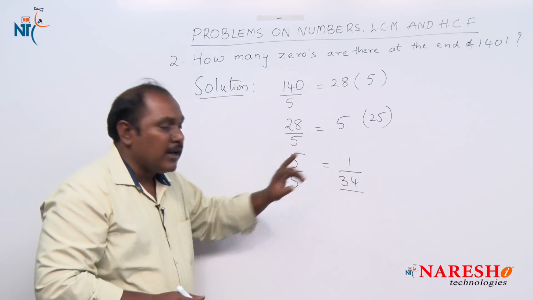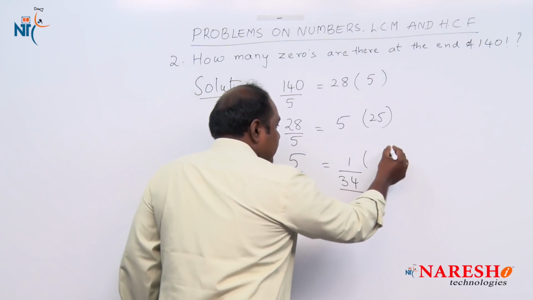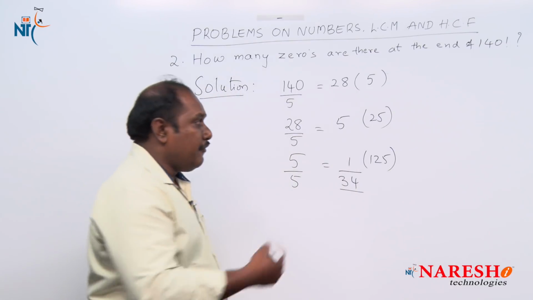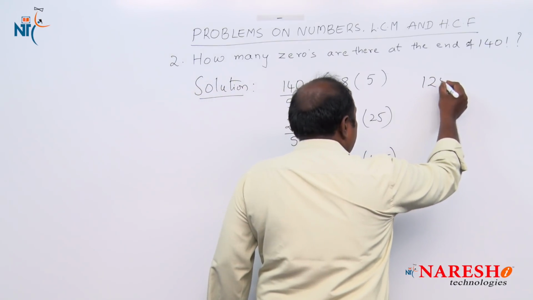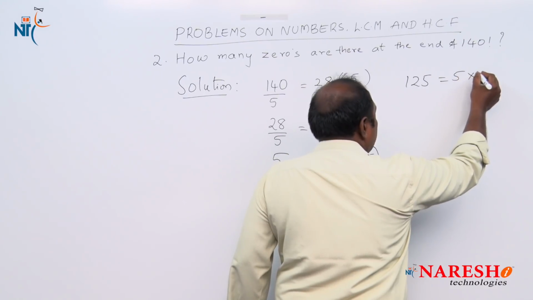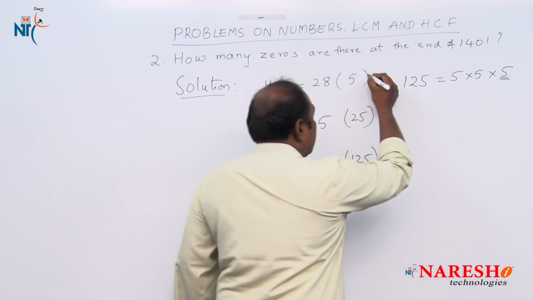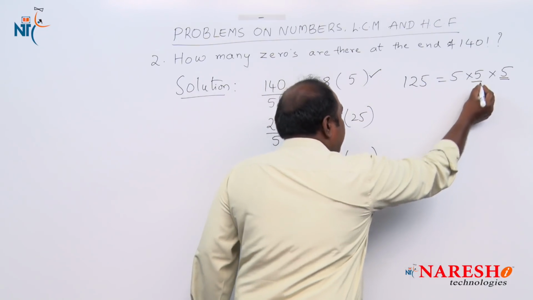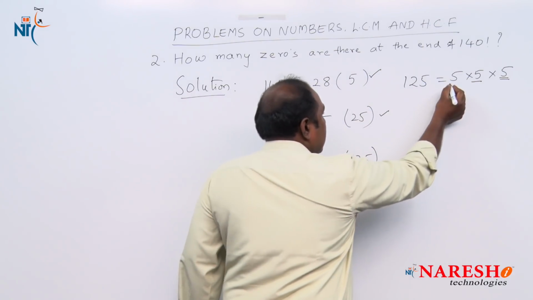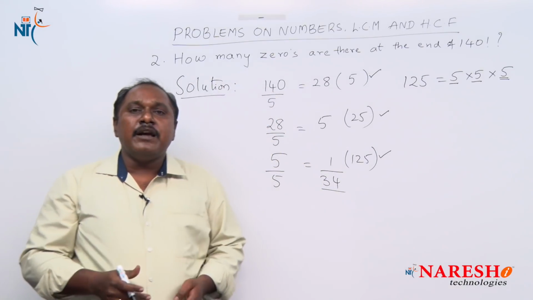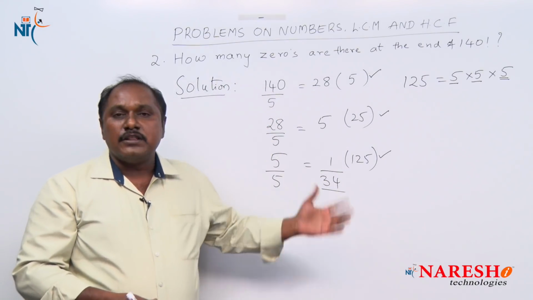Now what is this 1? This 1 is a multiple of 125. If you prime factorize 125, it is 5 into 5 into 5. The first 5 is counted in 28, the second 5 is counted in 5, the third 5 is counted in 1 here. Now this is the logic behind dividing by 5.